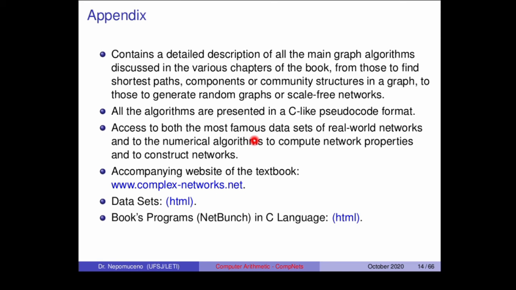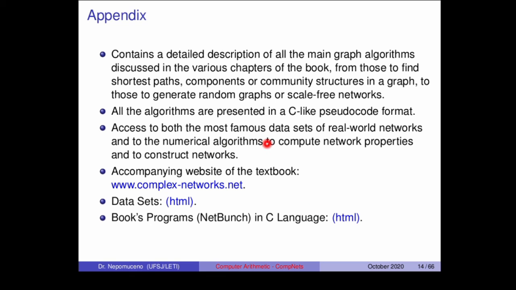The appendix of the book contains a detailed description of all the main graph algorithms discussed in the various chapters, from those to find shortest paths, components, or community structures in a graph, to those to generate random graphs or scale-free networks. All the algorithms are presented in a C-like pseudocode format.